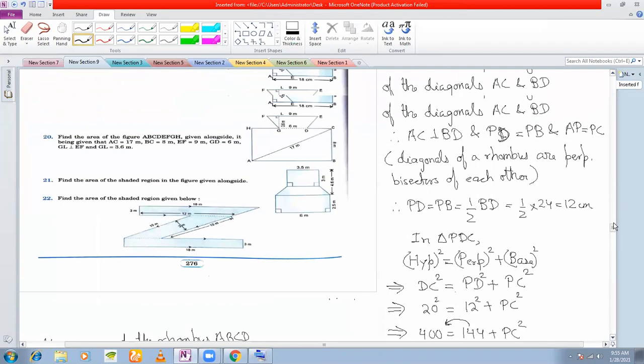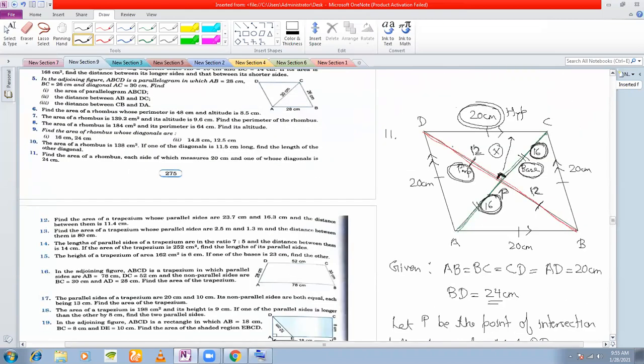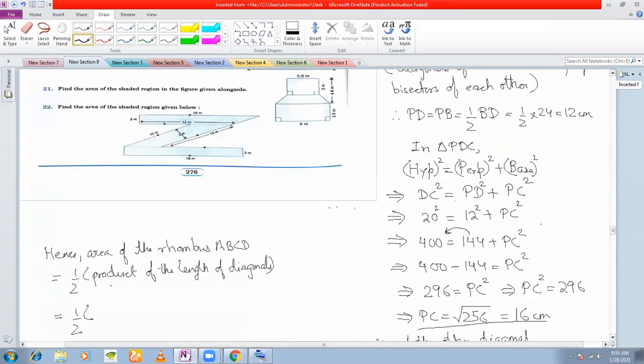What are the products? You have AC and BD. These are the diagonals. So half of AC into BD.